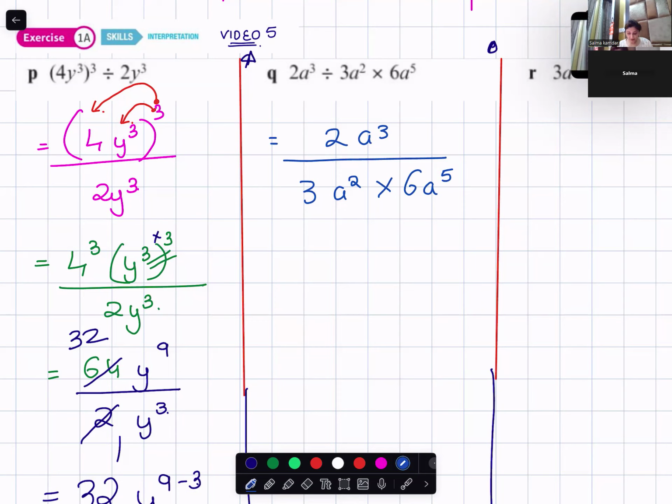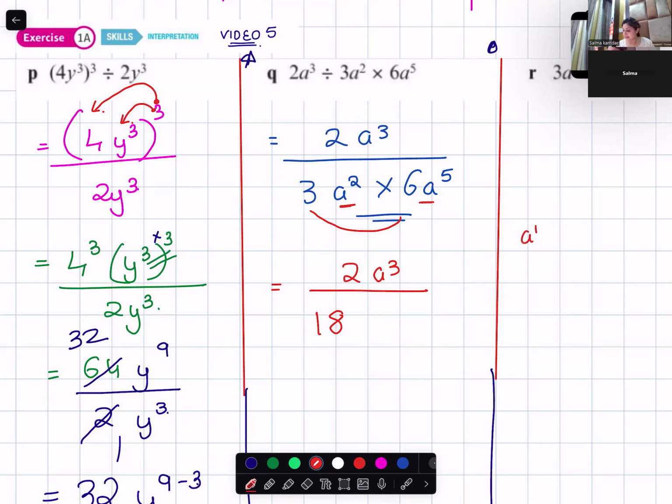Okay. Now if I see what I want to deal with, I will first do over here. Constant separate. So this I'm going to keep the same. Here I'm going to do 6 into 3. 6 into 3 is nothing but 18. Okay. And now law of indices will be applied over here to the a.